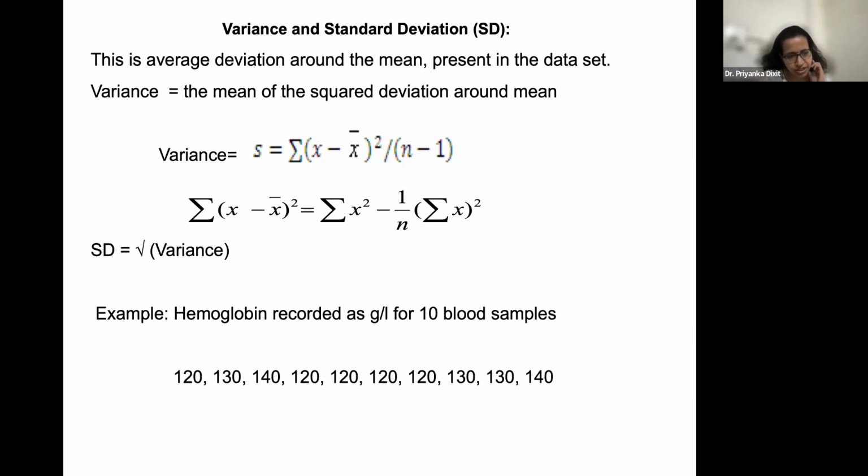So this is about measures of dispersion and central tendency. If you have any question up to this point, you can ask. Otherwise, I will give you a 5-minute break and then start the next topic. If you have any question, you can ask in the chat box.